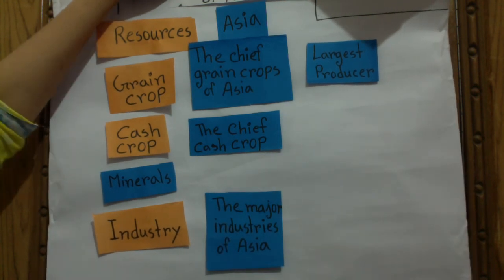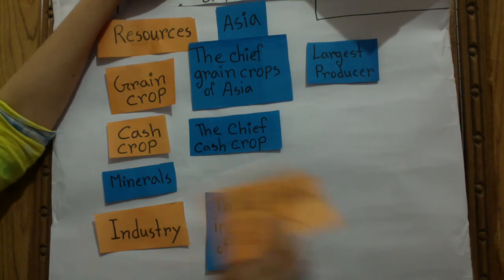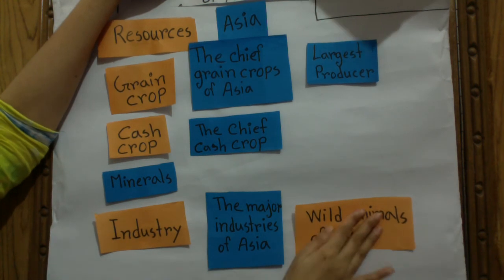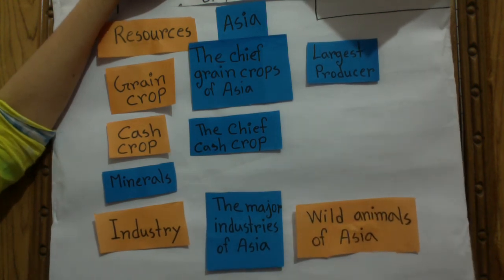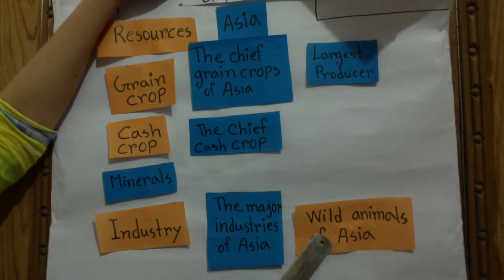Now, Asia has lots of wild animals. Asia is home to many wild animals such as tiger, elephants, deer, monkey and snakes.